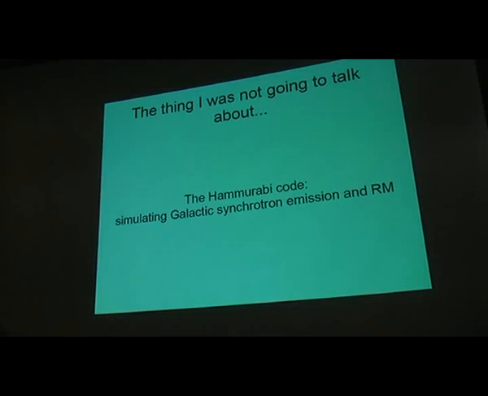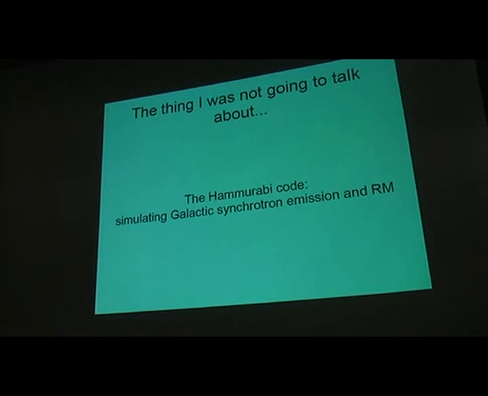So the common theme of the talks is that we're trying to characterize astrophysical magnetic fields. In this first presentation, I speak about a code which we developed, which simulates galactic synchrotron emission. We heard a talk today about a different emission, which is considered more complicated physics.